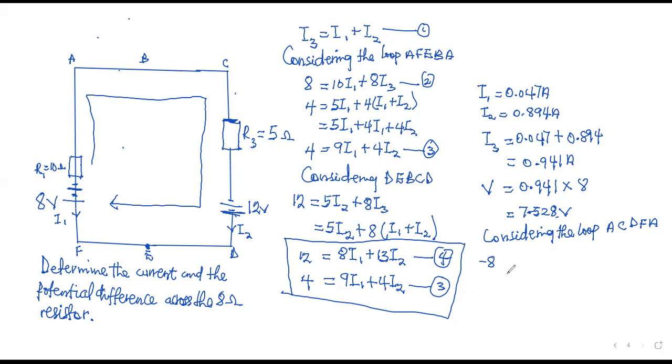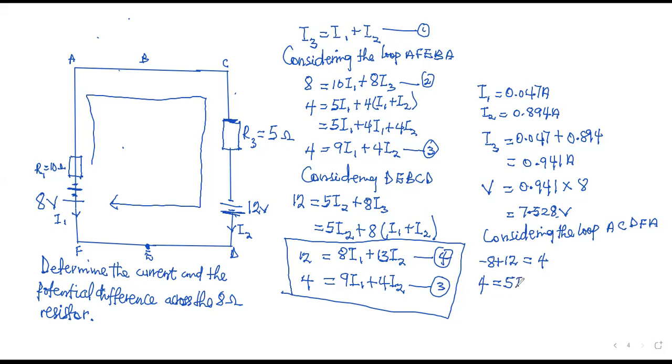The PD across the 12 volts, will that be positive or negative? Positive. Plus 12. So we have a net of 4. So 4 volts is equal to, we have assigned current flow. The PD across R3 will be positive because it follows the direction of the loop.